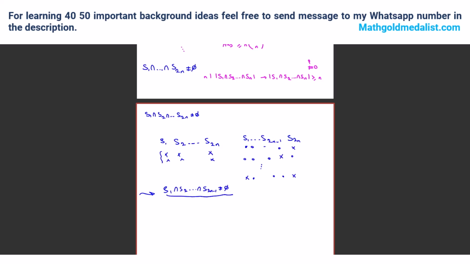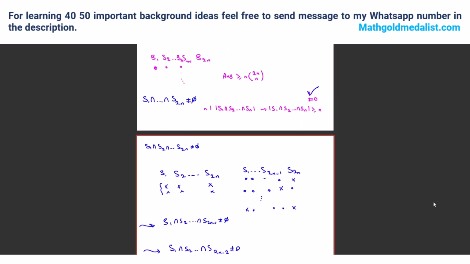Then we keep subtracting from these things. Then S1, S2, to S2n minus 2, we can say is not 0 because when we subtract elements from here, we are adding elements to these subsets, right? Then you keep writing like this, and then you can say, okay, S1 to Sn is not a null set, right? So we prove this at least n, and we prove this part, right?